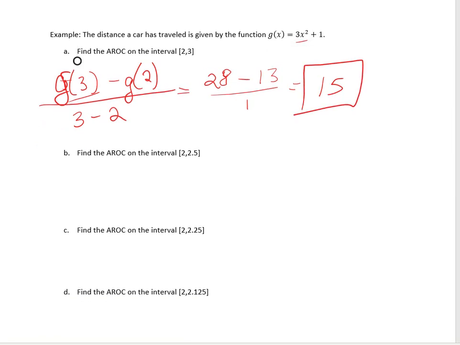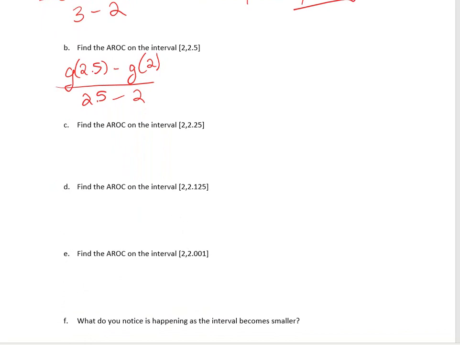Now the next one is to find the average rate of change on the interval between 2 and 2.5. So that's going to be g of 2.5 minus g of 2, divided by 2.5 minus 2. Before we figure that out, I want to point something out.